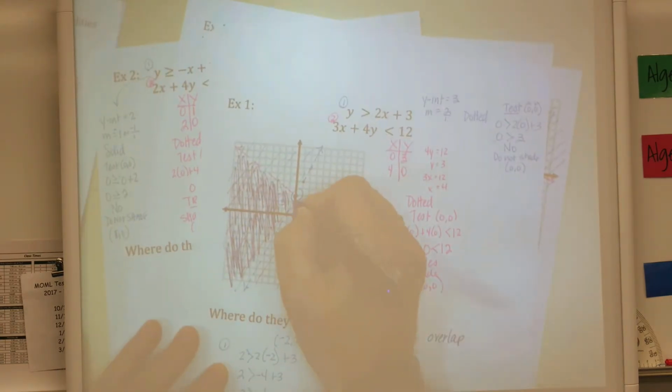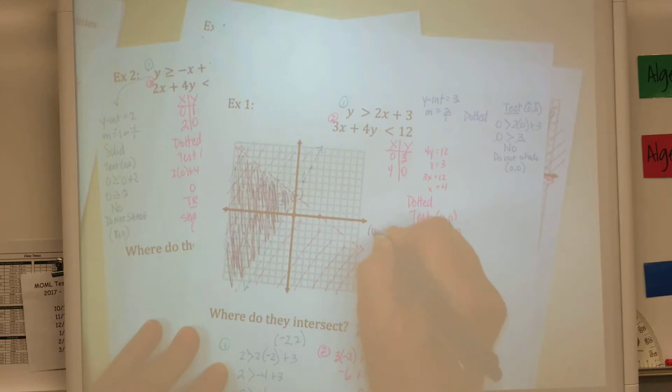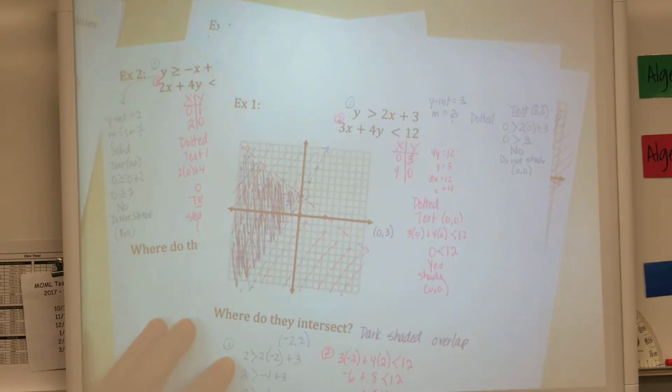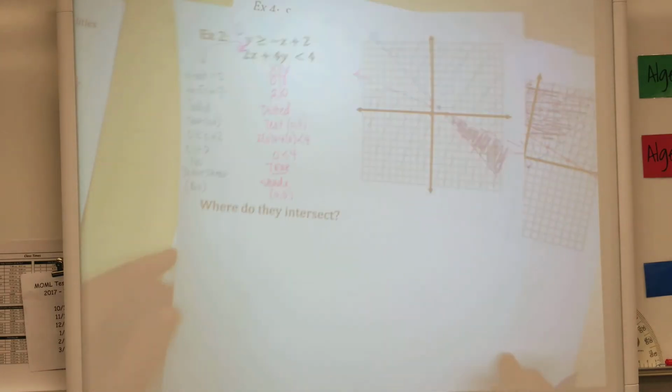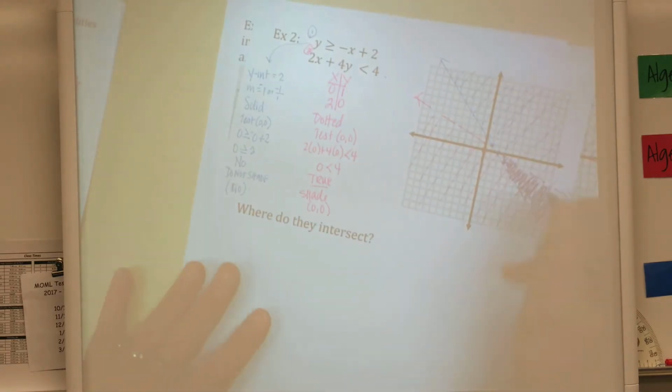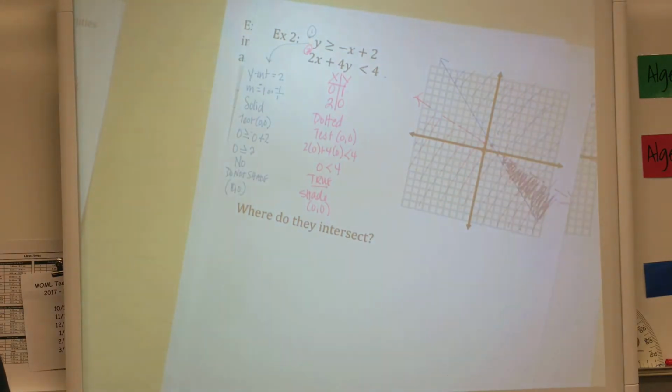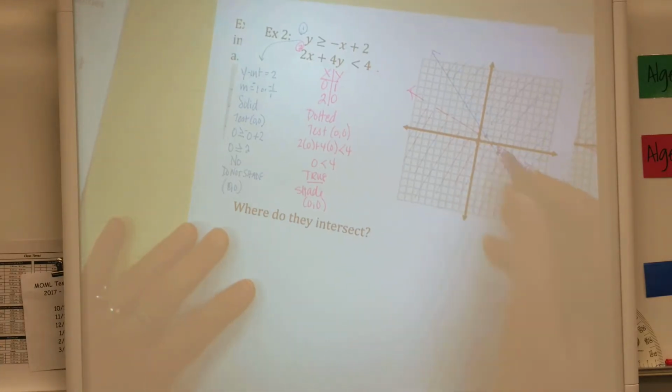Here, on the first one, my intersection point was 0, 3. That was the point where the lines intersected. Okay, for my second one, they intersect at 2, 0.